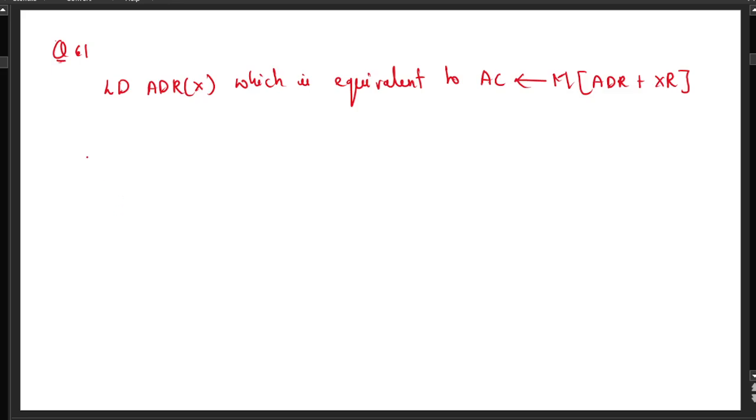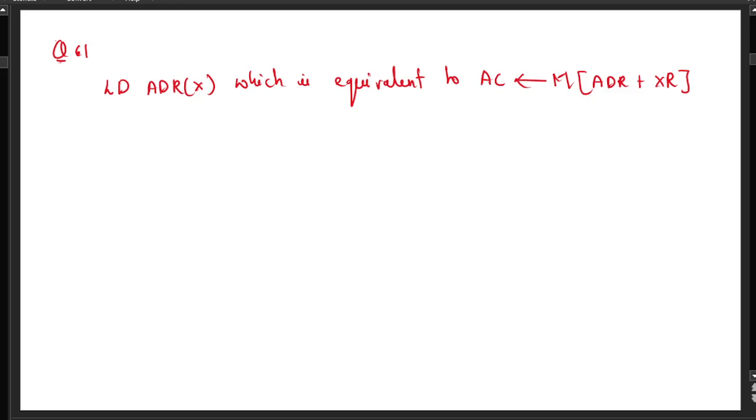For example, LD 500 means load the content of the memory location whose address is stored in memory location 500. And in immediate addressing mode, the operand is specified within the instruction itself. For example, LD #10 means load the value 10 directly into the AC.